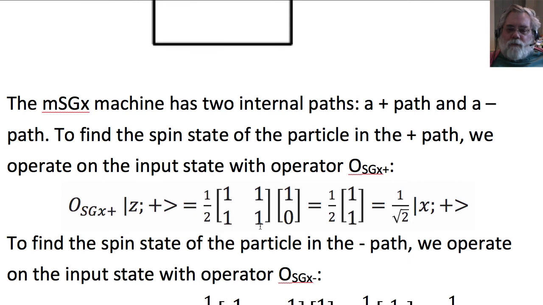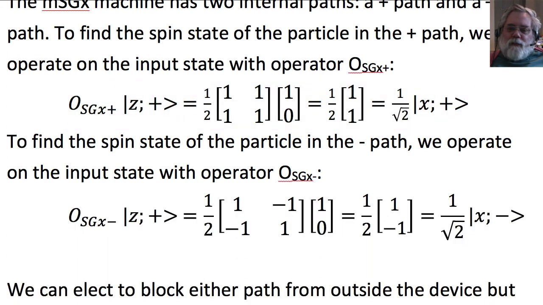We get that in the plus path, the state is 1 over square root of 2 x plus. To find the spin state in the minus path, we operate on the same input state with the projector operator SGX minus. And in the minus path, the state is 1 over square root of 2 x minus.